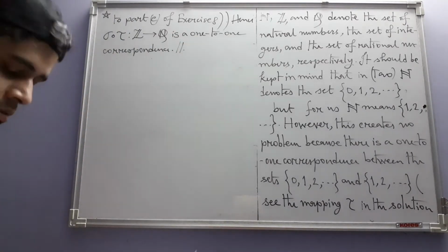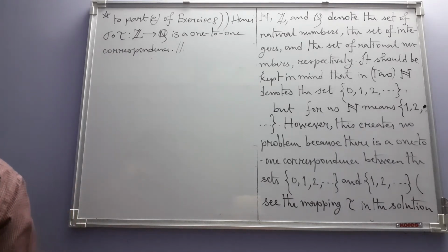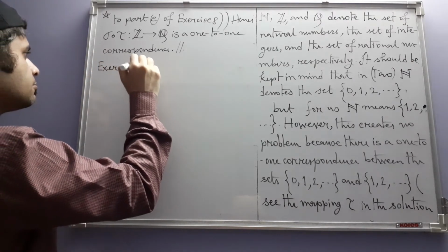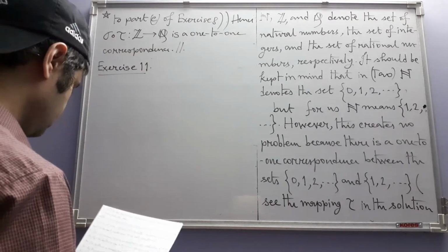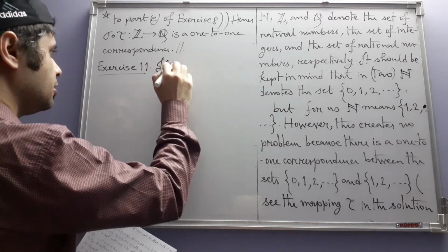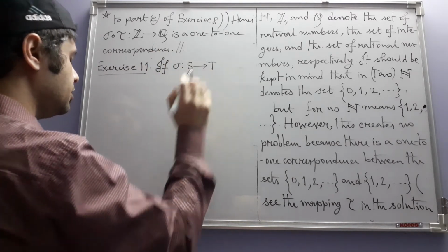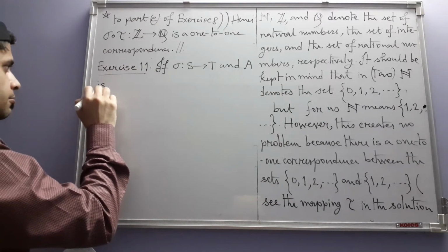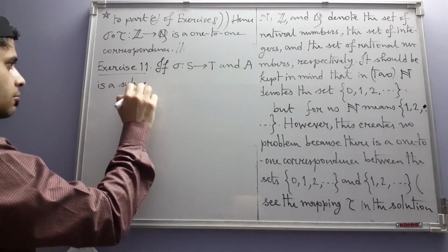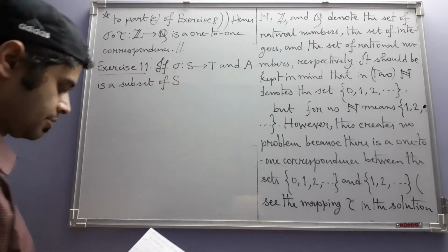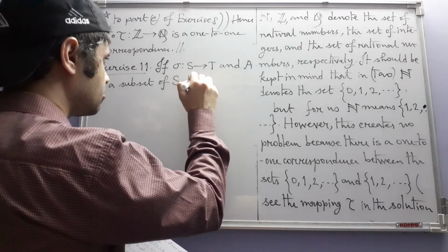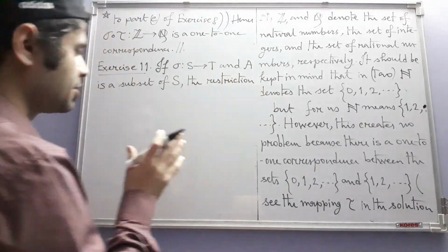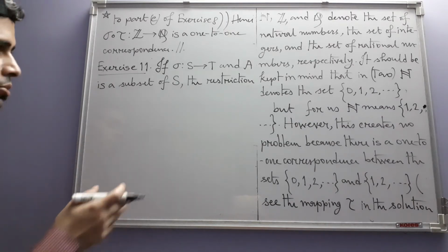We then have exercise 11. If sigma maps S into T and A is a subset of S, the restriction, this is something new, may not be new to many of you, but new in this book.